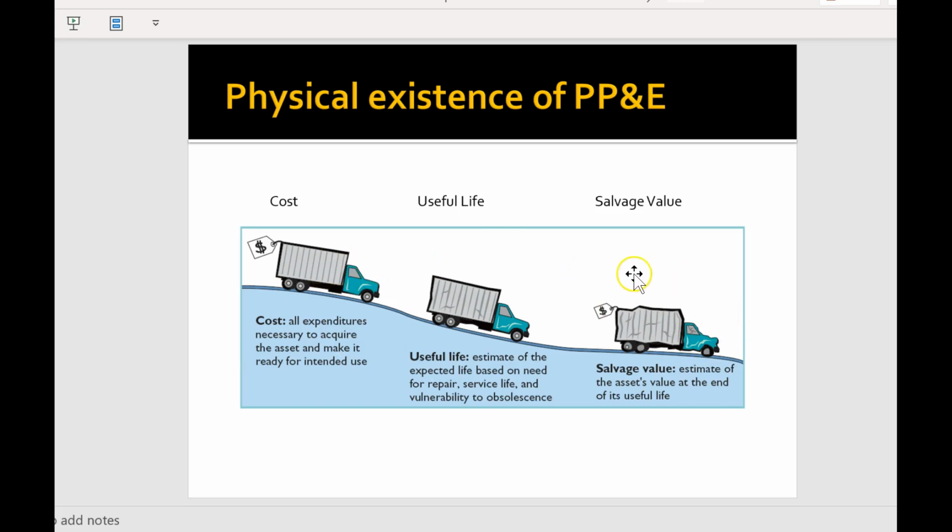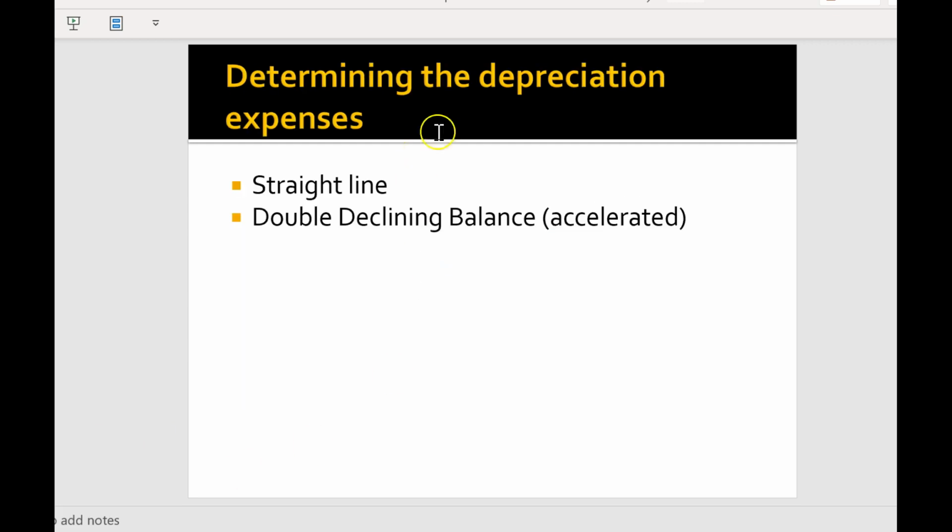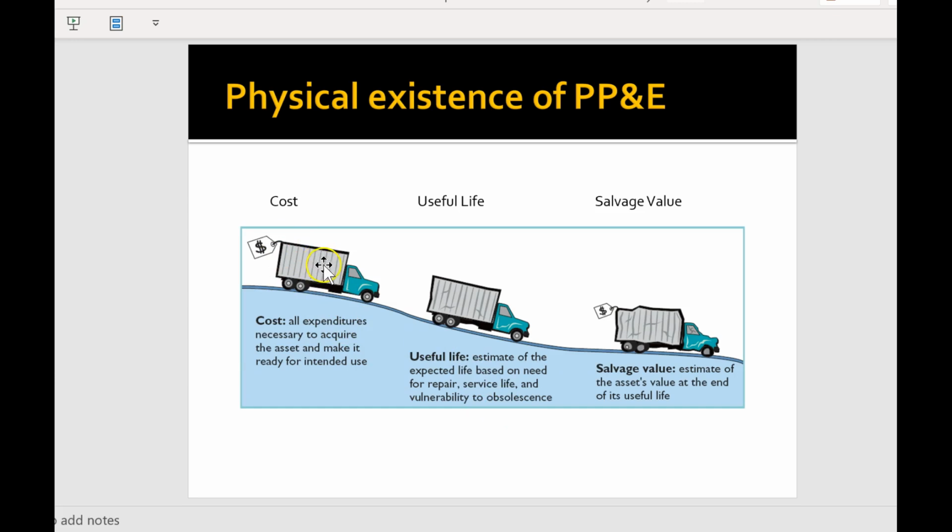They don't happen within a day or two, right? So what happened in between? We're using the truck, right? So that is the depreciation process of the truck from the new truck to a wasted truck, basically.